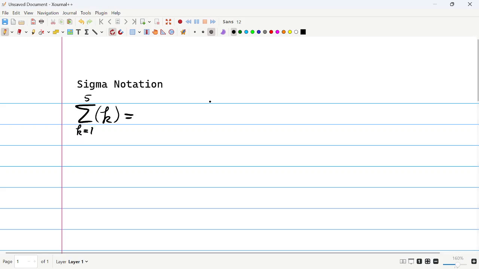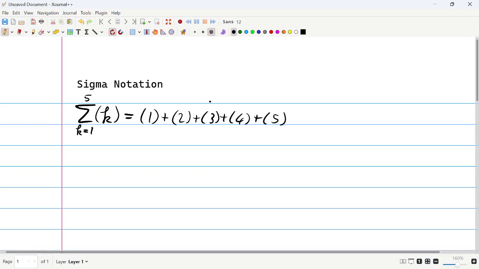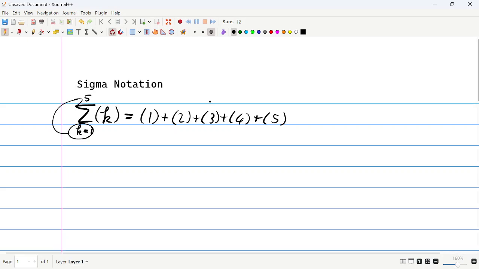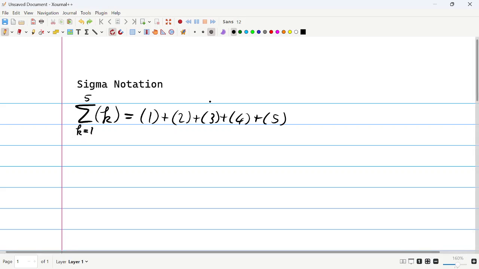So this implies that where k is equal to 1, we start plugging in. So we start with 1 plus, what's the next one? It's going to be 2. And it's always going to be in whole numbers. Plus 3, plus 4, plus 5. So we're working our way all the way from k equals 1 until k equals 5.